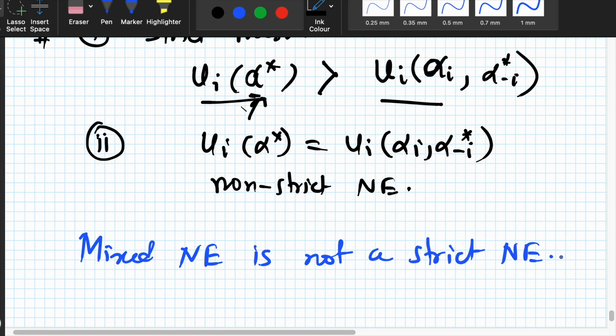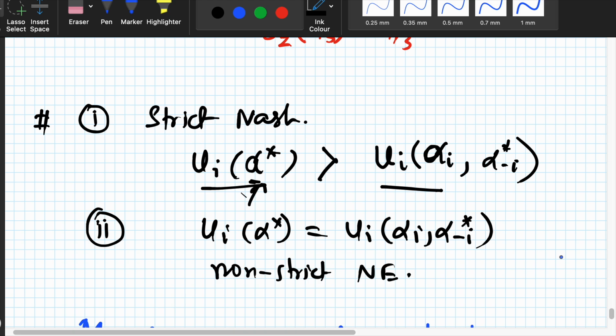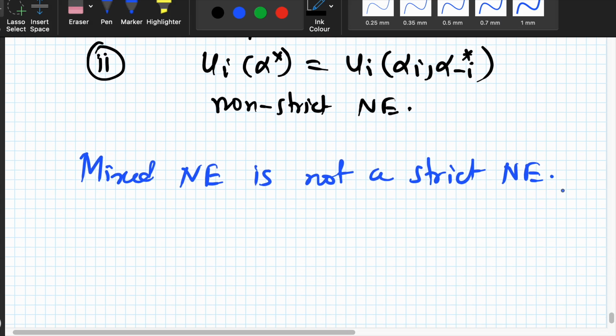Why? We find that in the mixed Nash, in the action profile, each action will give equal expected utility. So that's why it's not a strict Nash equilibrium.